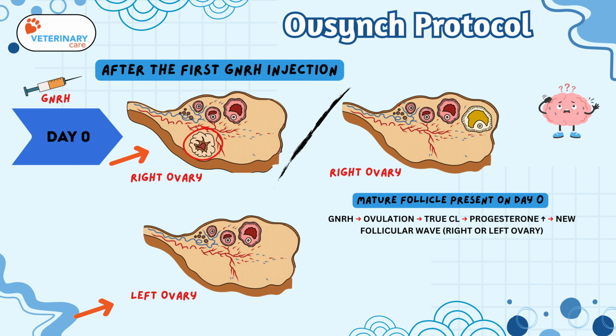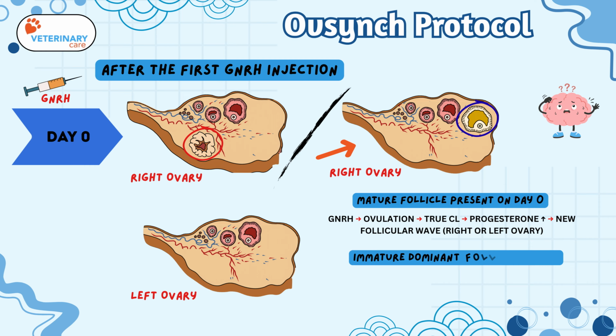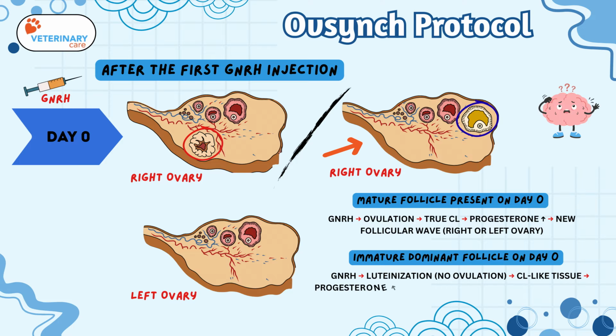Now consider the second right ovary, where corpus luteum-like tissue is present. This situation occurs in cows that did not have a fully mature follicle on day 0. After the GnRH injection, the existing dominant follicle, which was not capable of ovulation, underwent luteinization instead of ovulating.